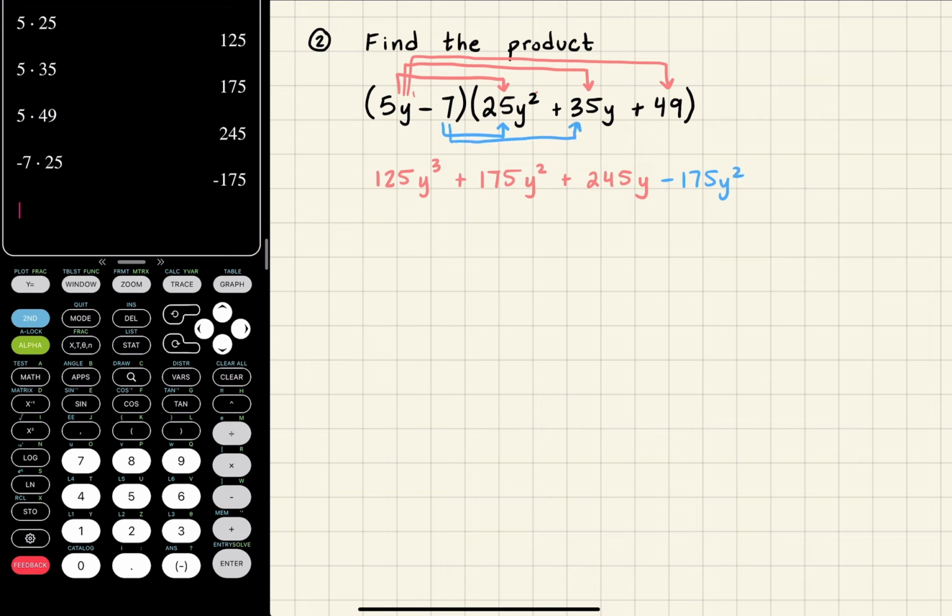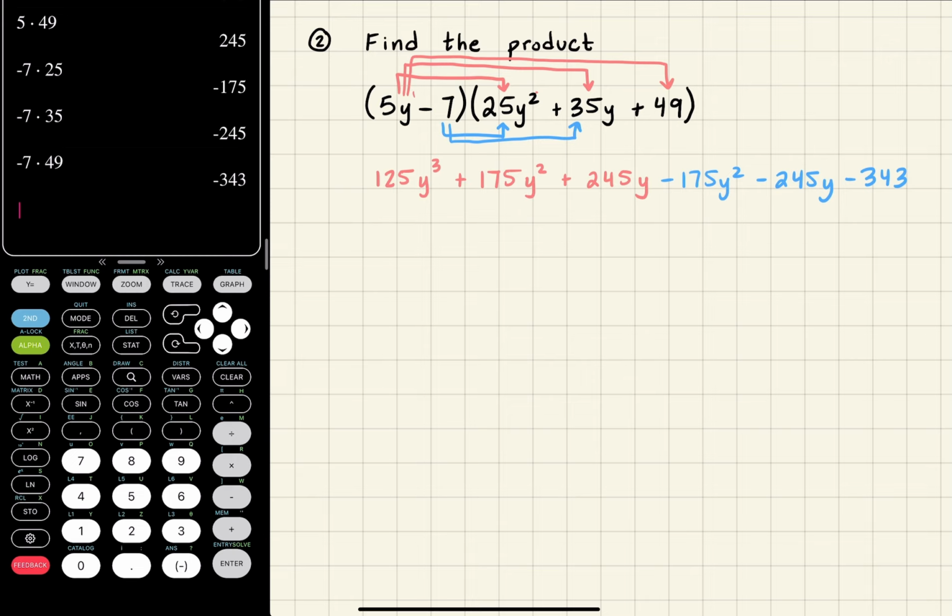Negative 7 times 35y is negative 245y, and negative 7 times, sorry, times 49, is negative 343.